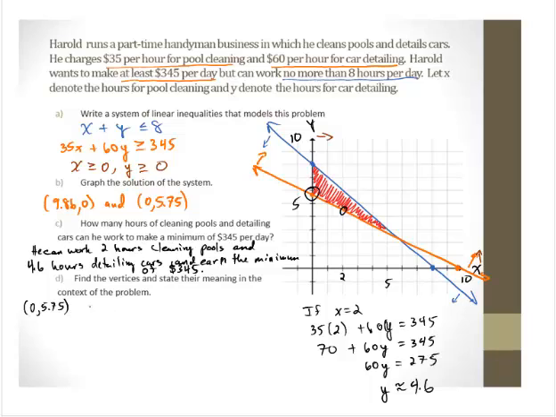If he works only 5.75 hours detailing cars, he will earn at least $345.